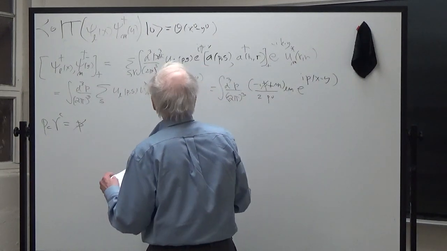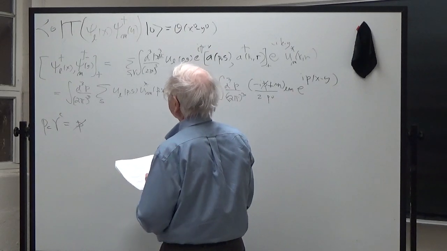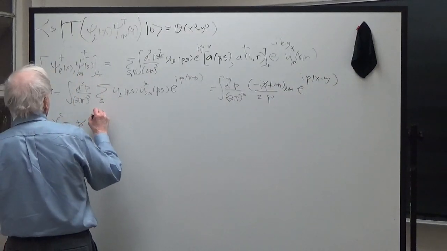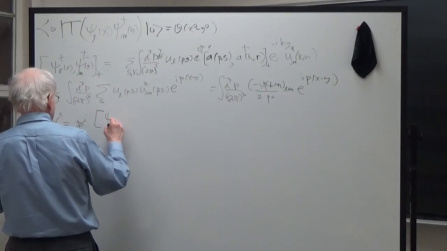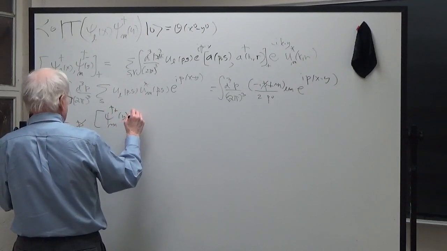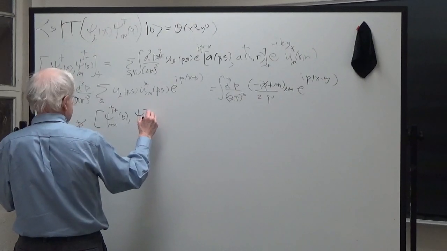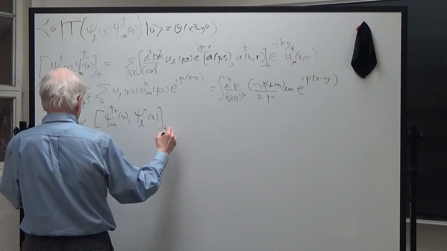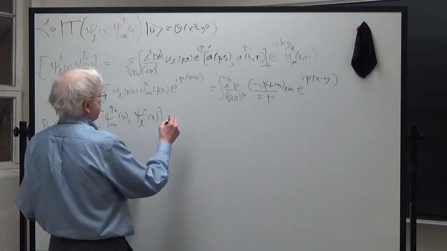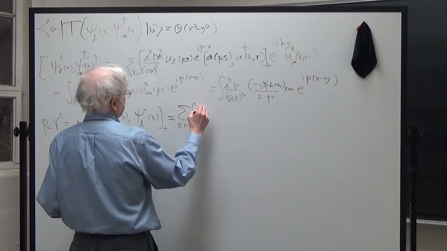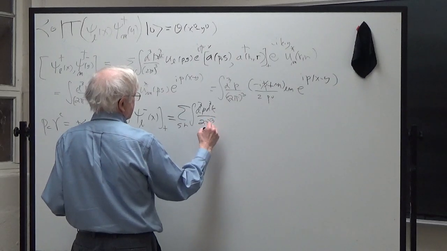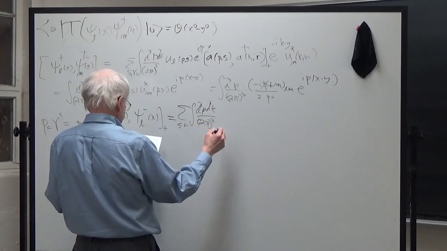And then the other term that we need is psi M dagger plus of y anti-commutated with psi L minus of x. And that's basically the same thing. Sum on s, r, integral d cubed p, d cubed k over 2 pi cubed, and it's just v's.